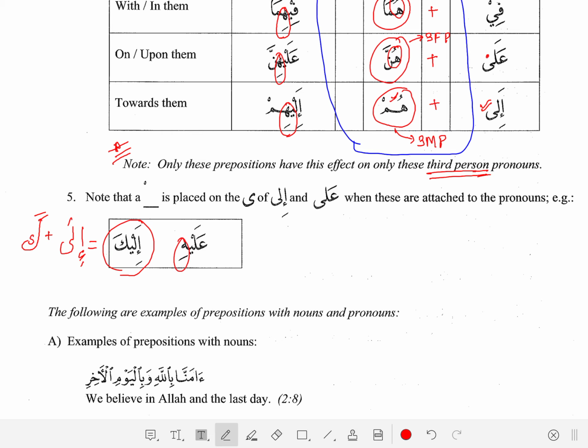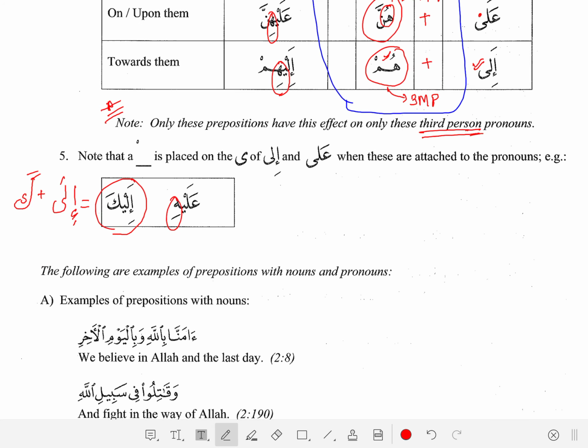So alayhi, third person, but not ilayki. One more thing is salamu alaykum. So ala plus kum, ku, kuma, kum, right? Second person plural. Salam be upon you all. So kum did not become kim, alaykim. That's not there. It's alaykum, right?